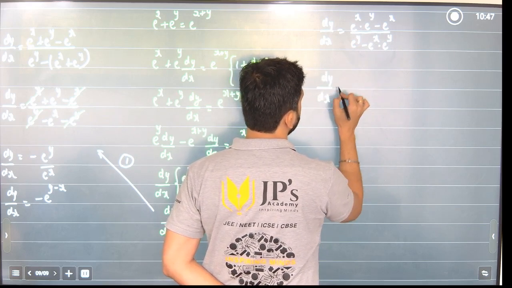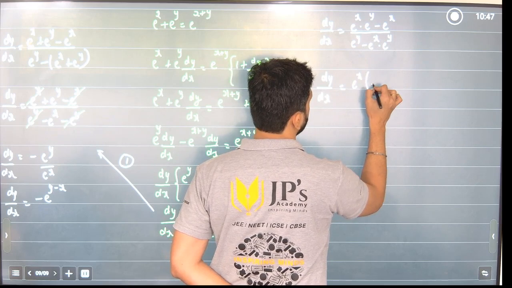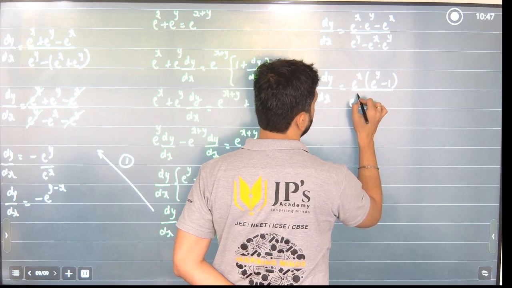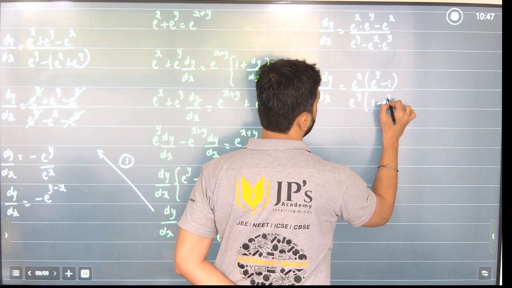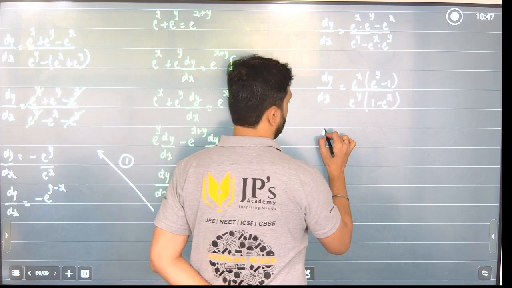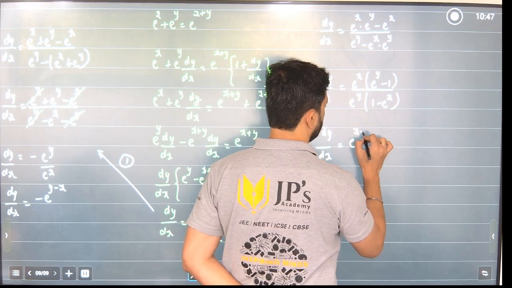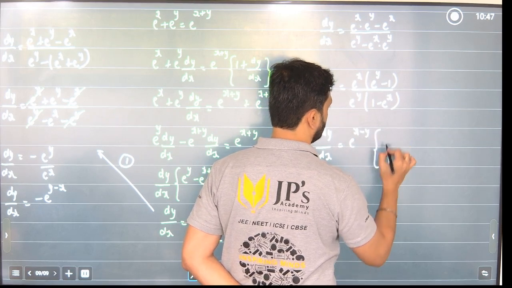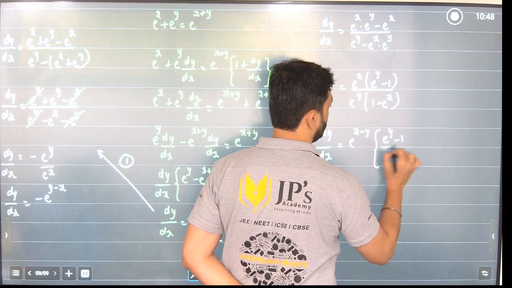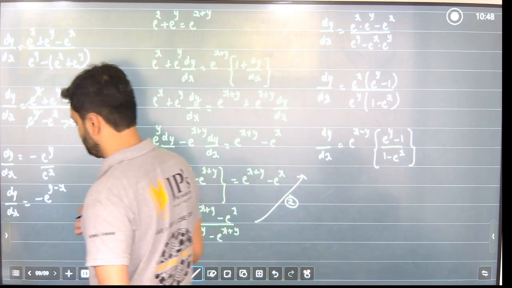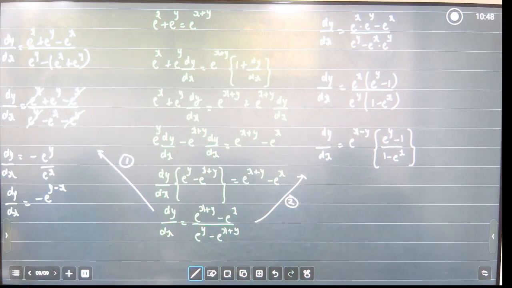Therefore, dy by dx, if I take e raised to x common, it will become e raised to y minus 1 upon e raised to y into 1 minus e raised to x, and my final answer would be dy by dx is equal to e raised to x minus y into e raised to y minus 1 upon 1 minus e raised to x. Have you guys understood this?